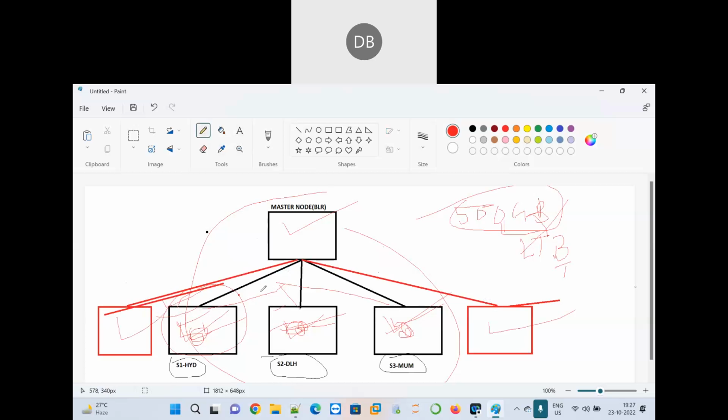What do you mean by this? That means it will provide you horizontal scalability. This is called horizontal scalability. As the demand increases, supply will take its place.